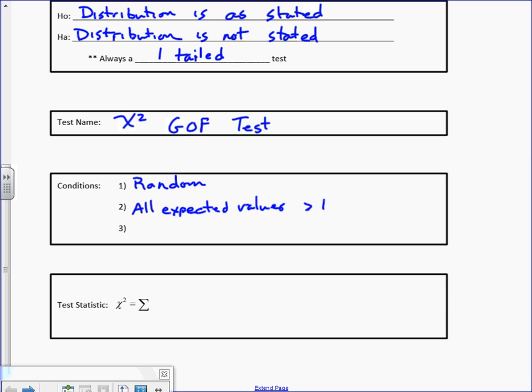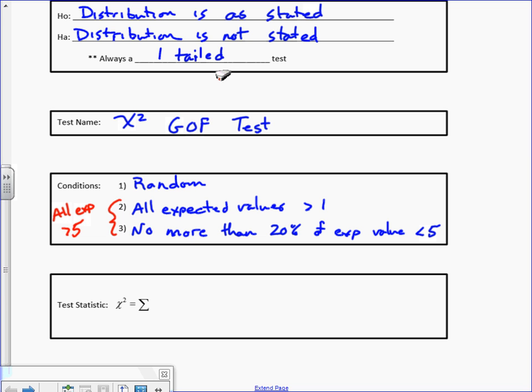And if there is a small expected value, we want to make sure that no more than about 1 out of every 5, or 20%, no more than 20% of expected values are less than 5. The one nice thing, kind of a catch-all for us: if all of our expected values are greater than 5, then we could go ahead and just state that as opposed to conditions 2 and 3.